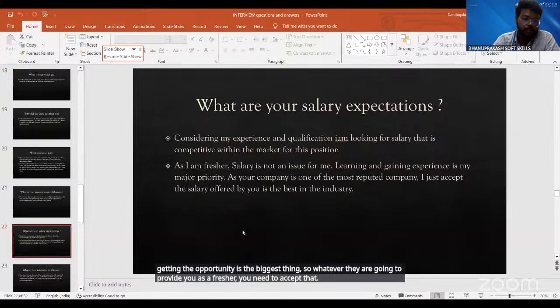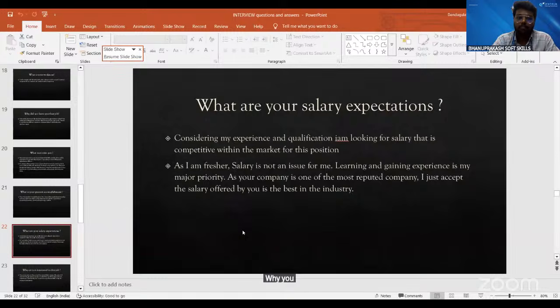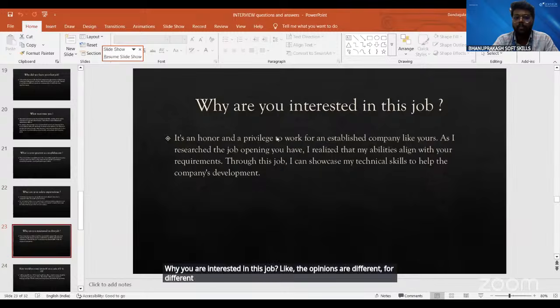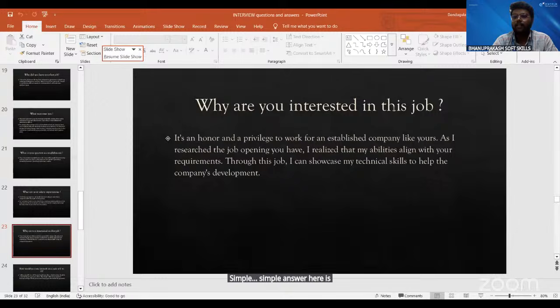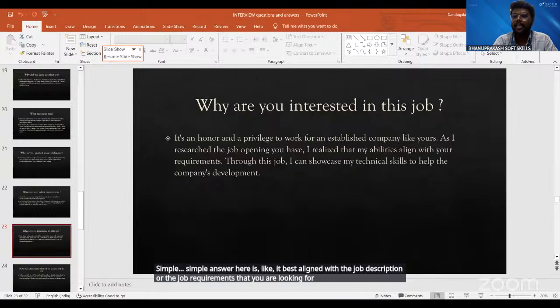And next, why are you interested in this job? The opinions are different for different people for this particular question. The simple answer here is that it best aligns with the job description or the job requirements that you are looking for. It best aligns with my skills. That's why I'm interested in this job, is what you can say.